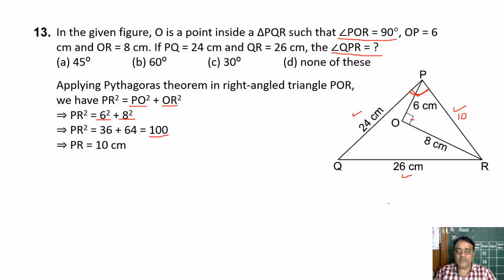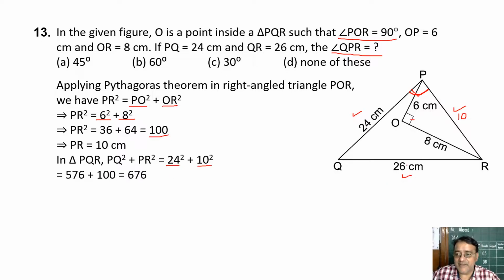Now in triangle PQR, PR square plus PQ square, that is 24 square plus 10 square. 576 plus 100, that is 676. And what is the square of 26? 26 centimeter squared is 676. Right?